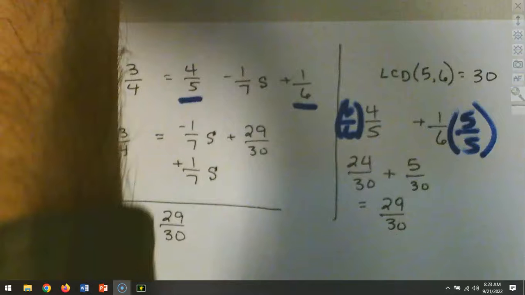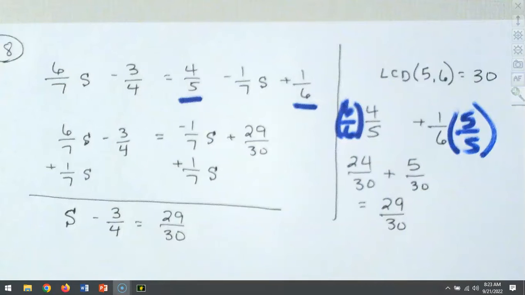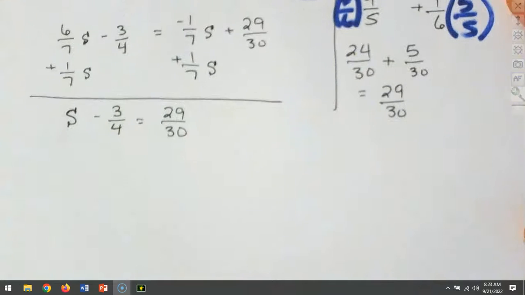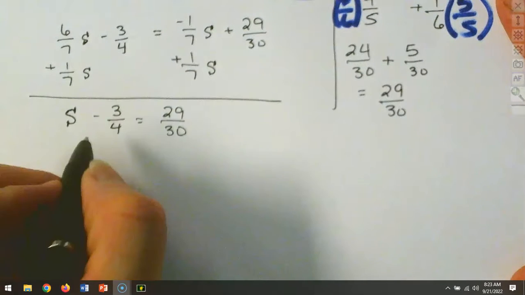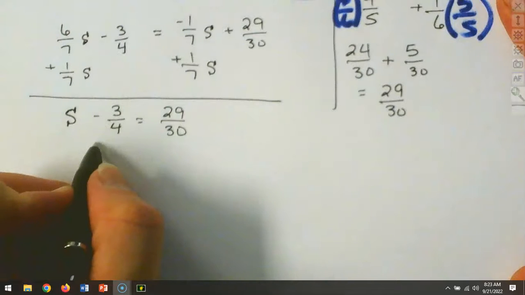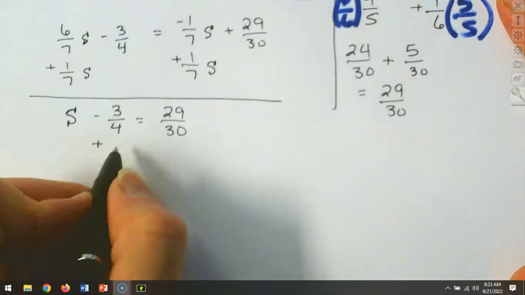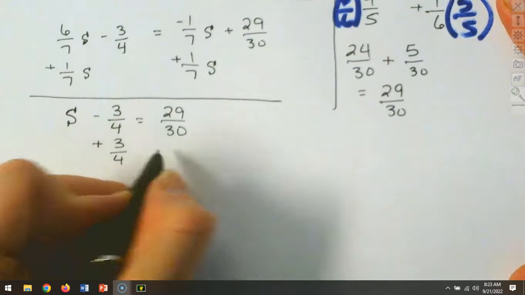Now we can finish it. Okay, we got one more fraction to deal with here. What do we need to do next? Okay, we need to move that 3/4 over. Right now it's subtraction, so the opposite of subtraction would be addition. So we're going to add that over.